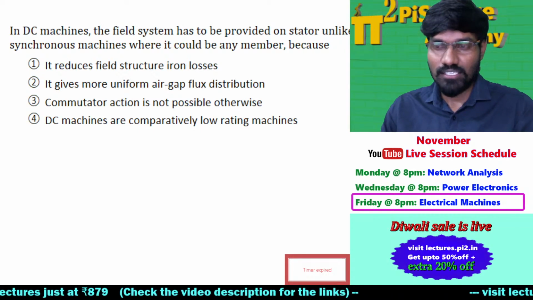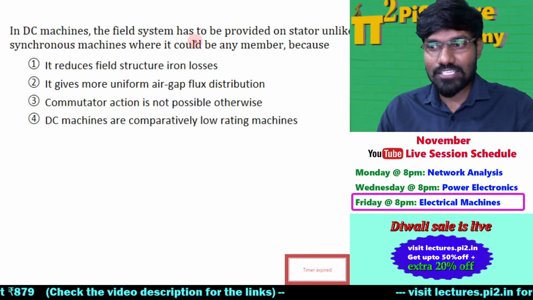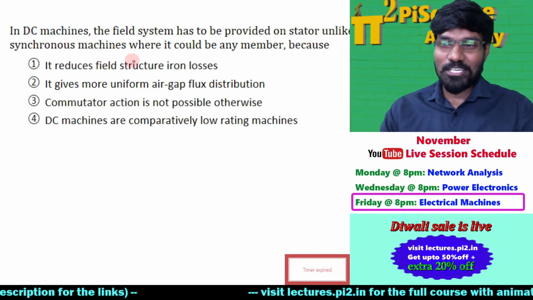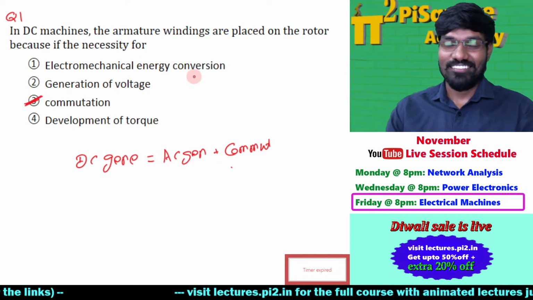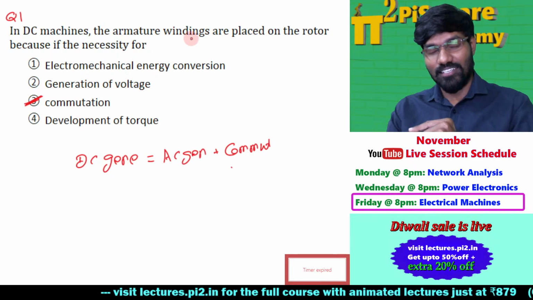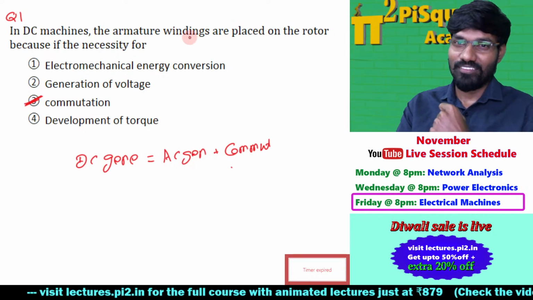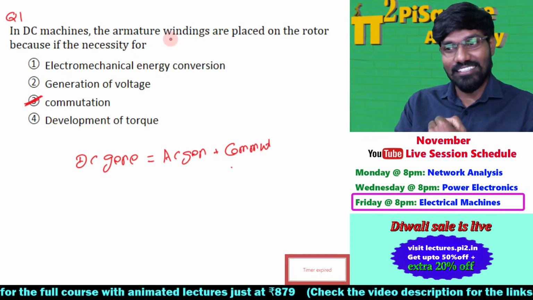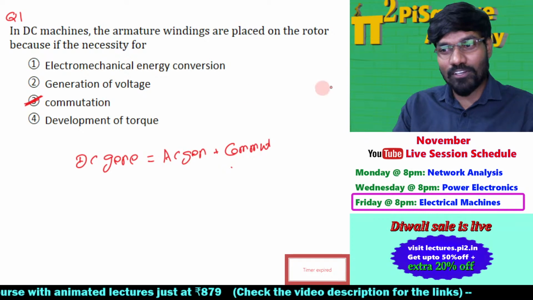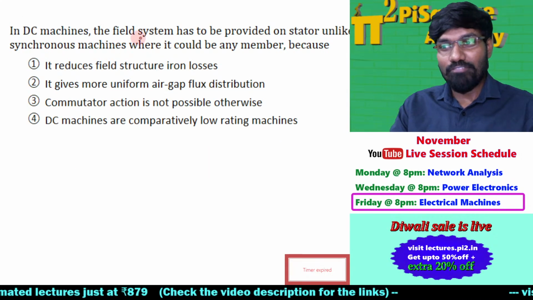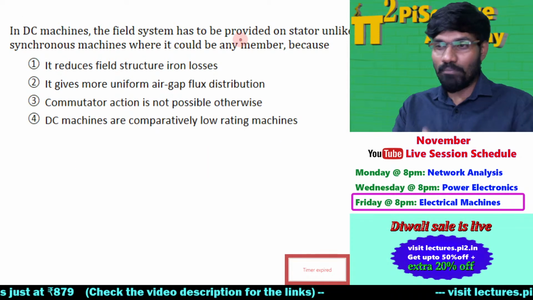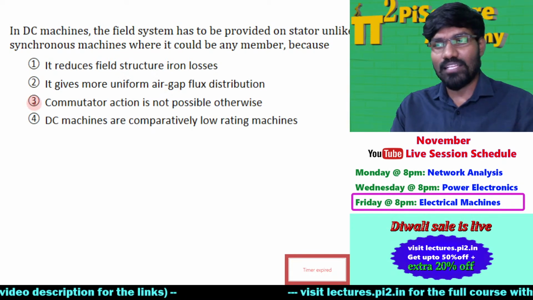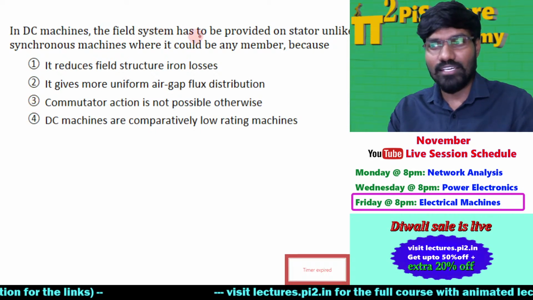In DC machines, the field system has to be provided on a stator, unlike synchronous machines. Armature on the rotor means field must be on the stator. If field is on the stator, then only armature will be on the rotor, because of the commutation.